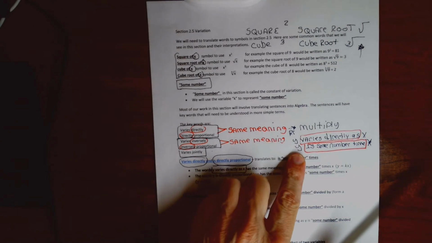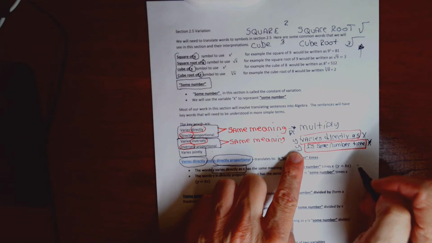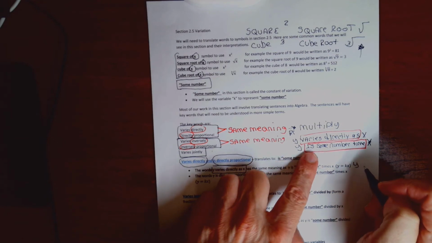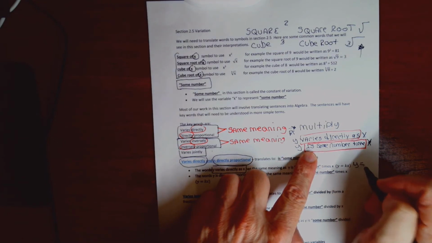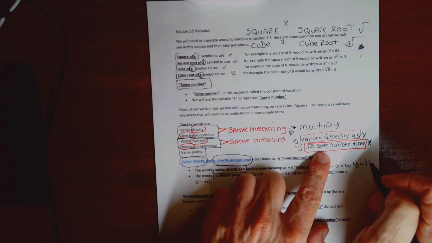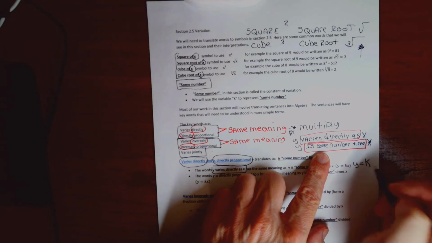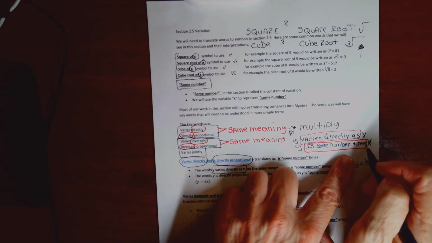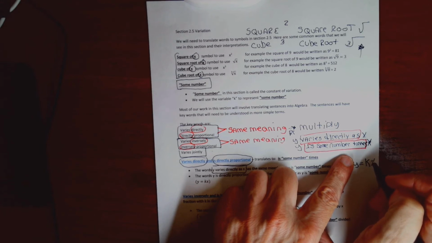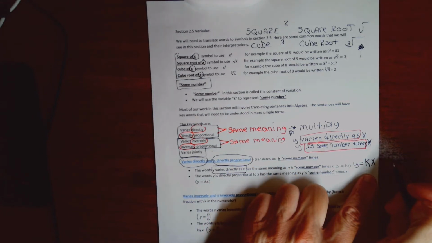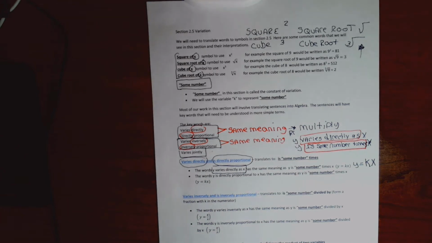Now, in symbols, the letter y is going to stay a y. Is is going to be an equal sign. Some number is going to be the variable, the letter k. And then times x is just going to be k times x. And I'd probably just write the k and the x next to each other to represent multiplication.